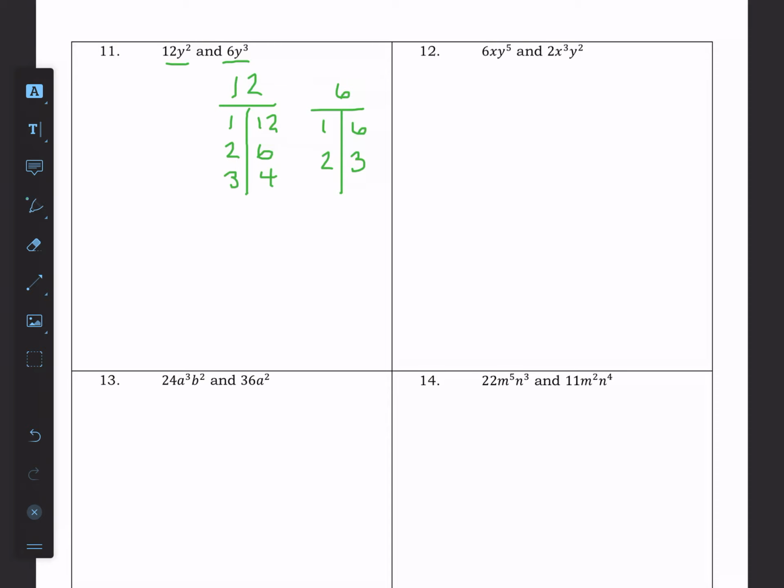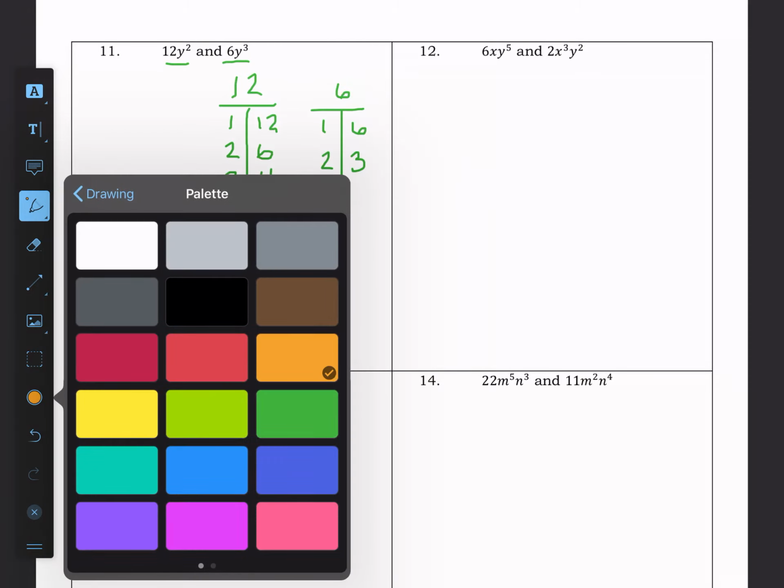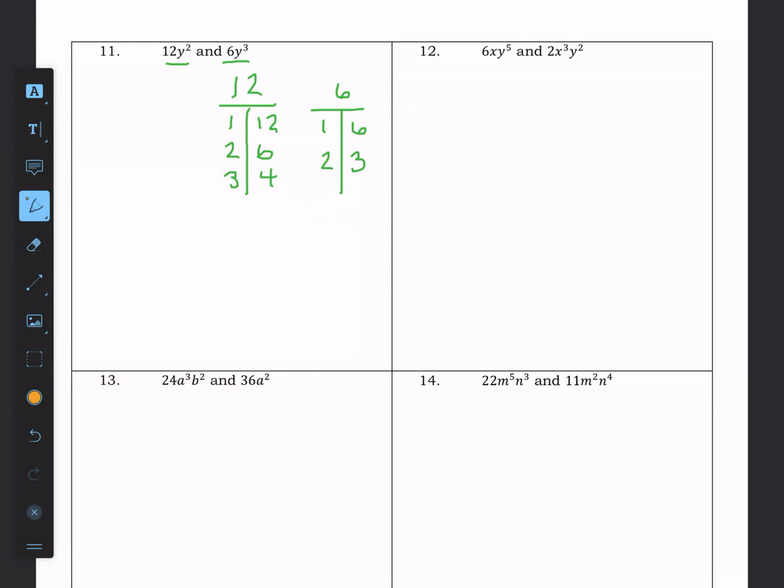So that is our list of factors. We're going to look and see what the biggest number is that both lists have in common. Both lists have 1s, both lists have 2s, both lists have 3s, and both lists have 6. So our largest number that they both have in common is 6.